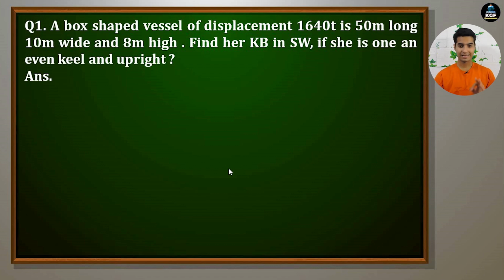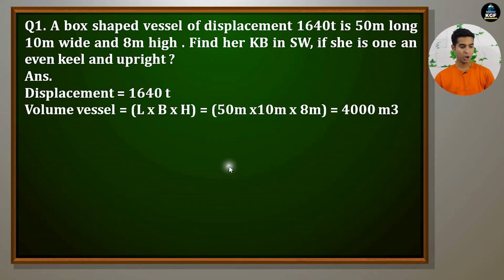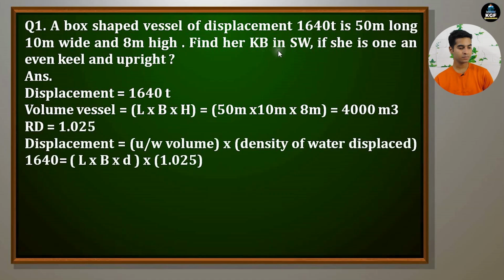First of all guys, write the given data in every question. Displacement is 1,640 tons. Volume of vessel will be length into breadth into height, which is 50, 10, 8, which equals 4,000 meter cube. Relative density is 1.025 because salt water is given.